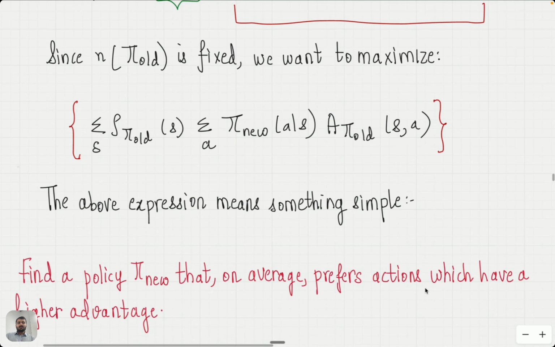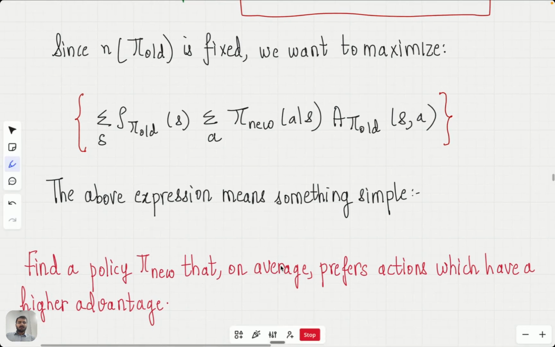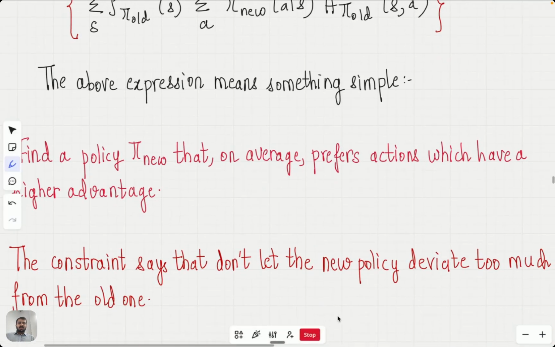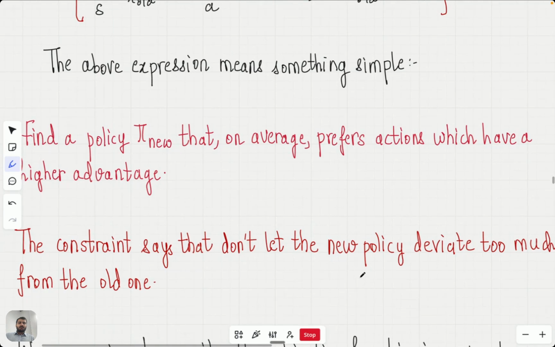It means that find a policy pi new that on average prefers actions which have a higher advantage, which intuitively makes sense because if the advantage is higher for all the states, it means that there is a scope for improvement compared to the policy's default behavior, and the new policy can be guaranteed to be better than the old policy. The constraint says that don't let the new policy deviate too much from the old one.